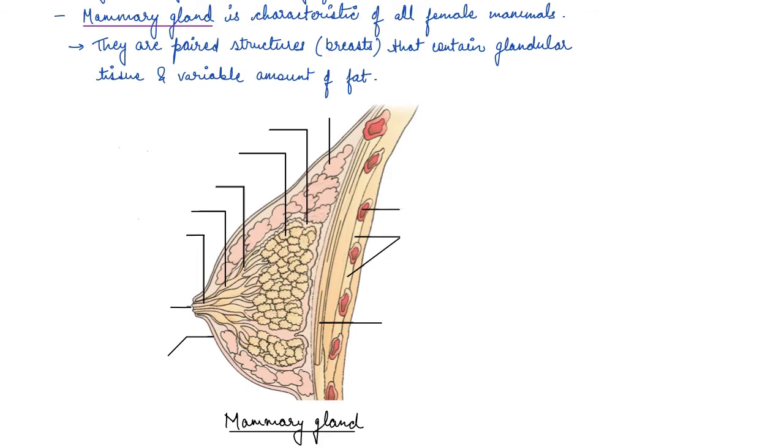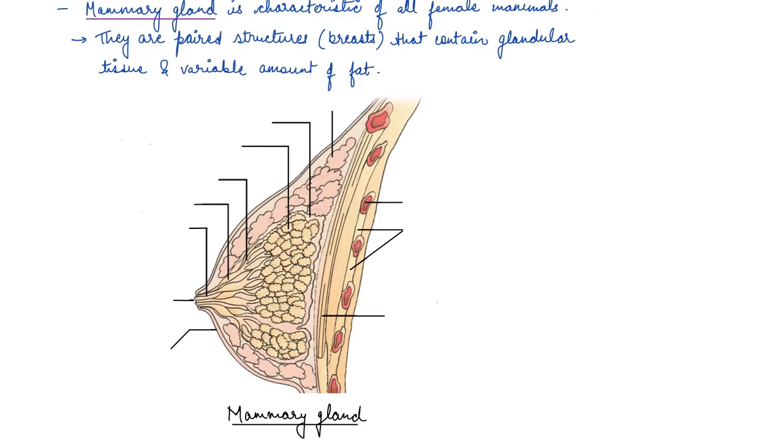So here the structure that you are seeing is the mammary lobe. Okay, so this mammary lobe contains clusters of cells which are called alveoli.